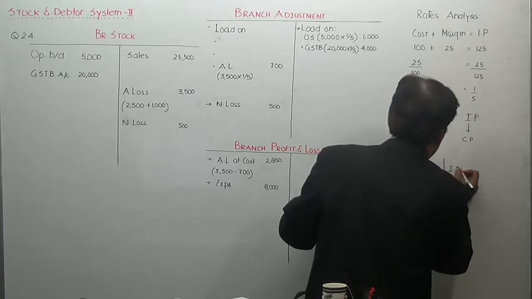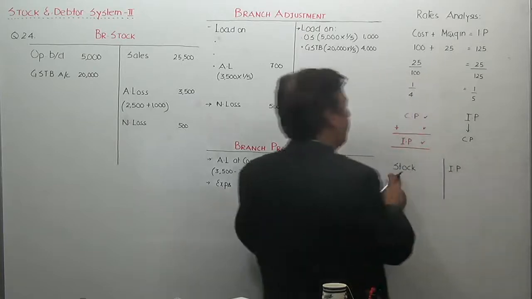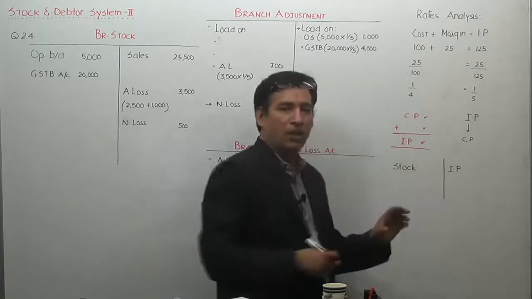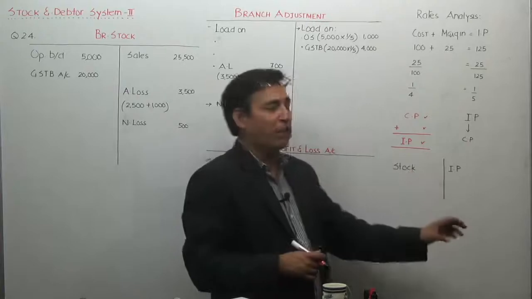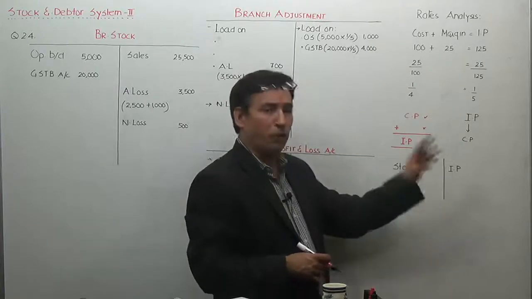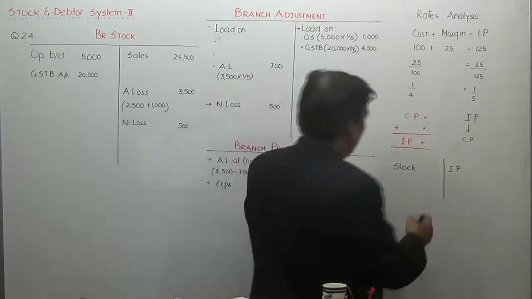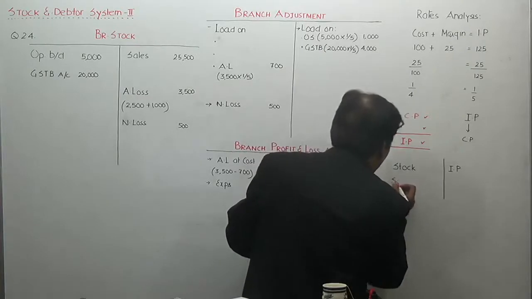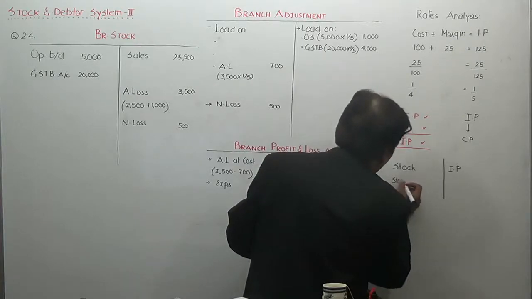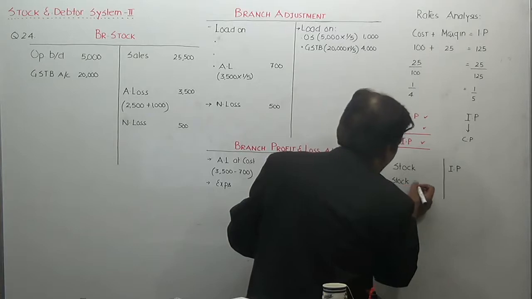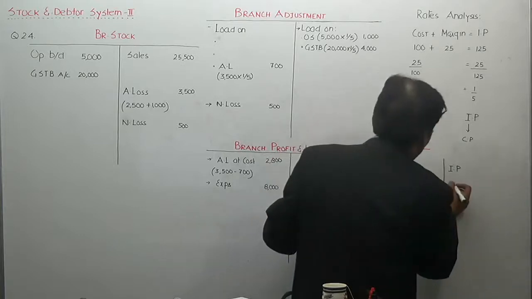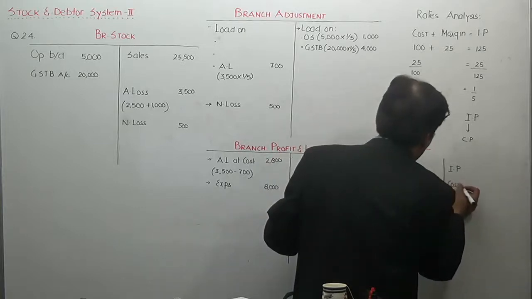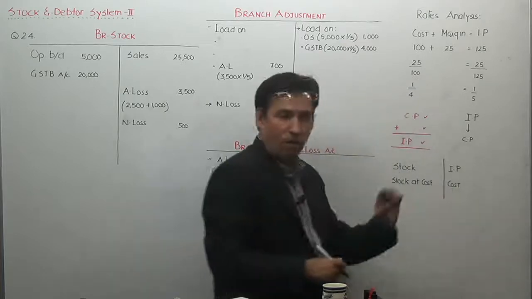If in the question it is just written opening stock or closing stock and nothing is mentioned that it is at cost price, then you shall always presume it to be at invoice price. Now suppose it is written as follows, a stock at cost, then it means it is at cost.